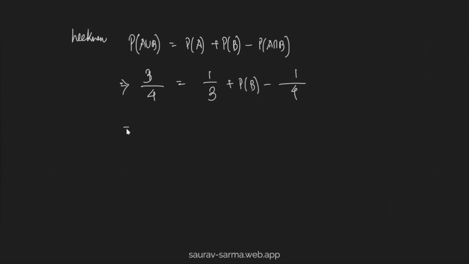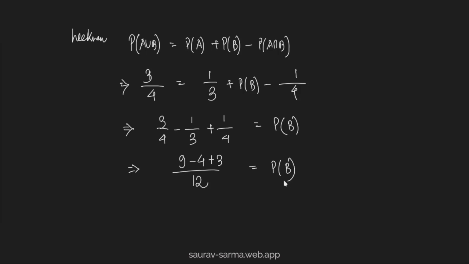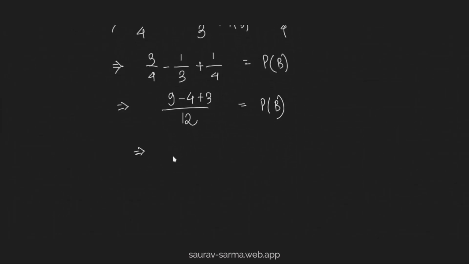So this equal to 3/4 minus 1/3 plus 1/4 is equal to probability of B. So 12, 9, 4, plus 3, probability of B. So we get 8/12 is PB, which is equal to 2/3. Right, so probability of B is 2/3.